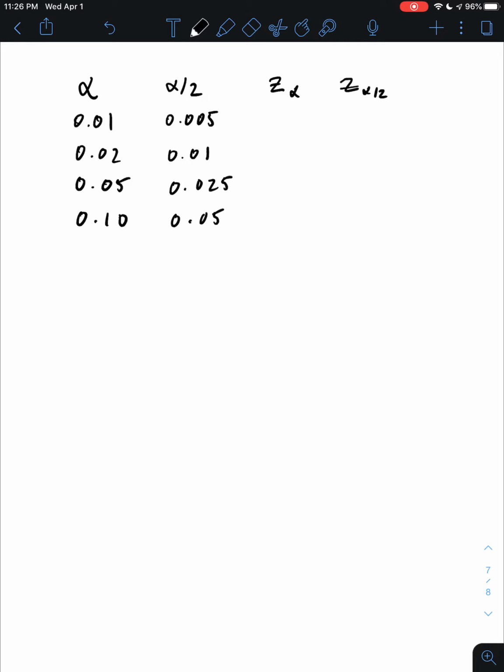Let's see, we've done a few of them already. So Z sub alpha over 2 in this case is 1.96. That's very familiar to us. If this one was 2.58, this one was 2.33, and this one is 1.645.